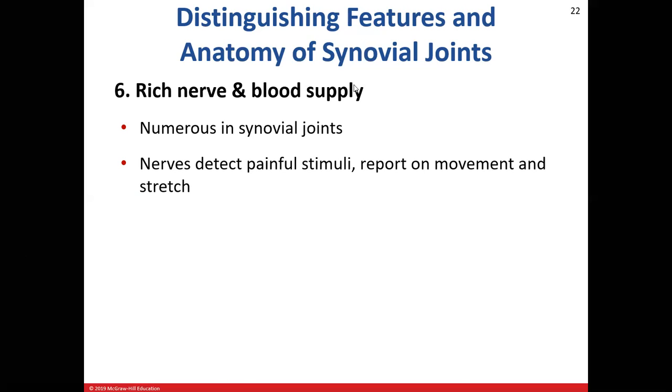Okay. Now, we have a specific name for the sensation that we're detecting at the joints. And that's going to be called proprioception. Okay? So proprioception is the body's ability to send signals that report on movement and stretch.